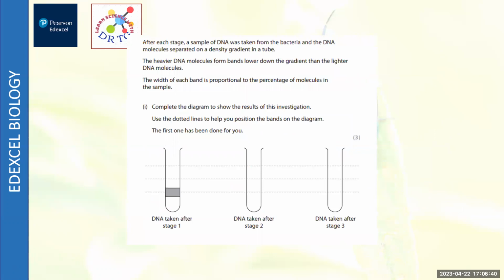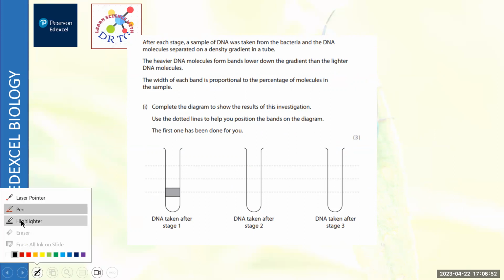Complete the diagram to show the result of this investigation. Use the dotted line to help position the bands. I think initially, when we do this one, we try to remember it as a maths calculation. But at one point, we try to remember the band positions, everything, numbers, because we have done it many times.